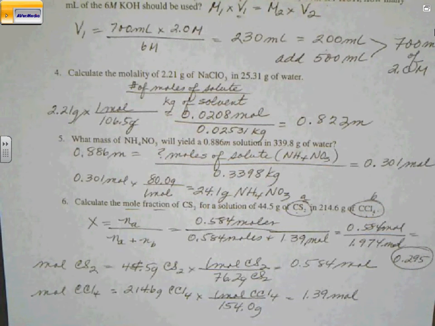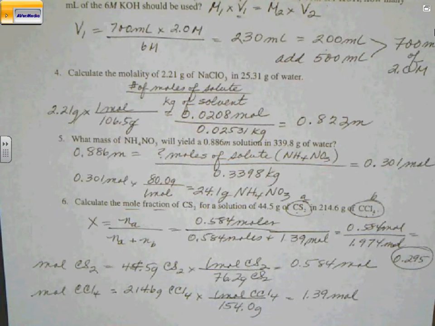So we ended up getting 0.301 moles. Converting moles to grams, I would have to have 24.1 grams of the ammonium nitrate to be able to have a 0.886 molality solution, only using 339.8 grams of water.